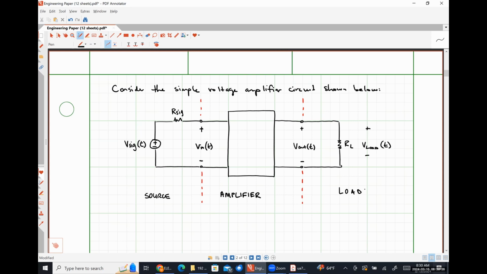So the goal in a circuit like this, or the ideal behavior, is that the voltage drop across our load will be a scaled version of this input signal, Vsig, as a function of time.